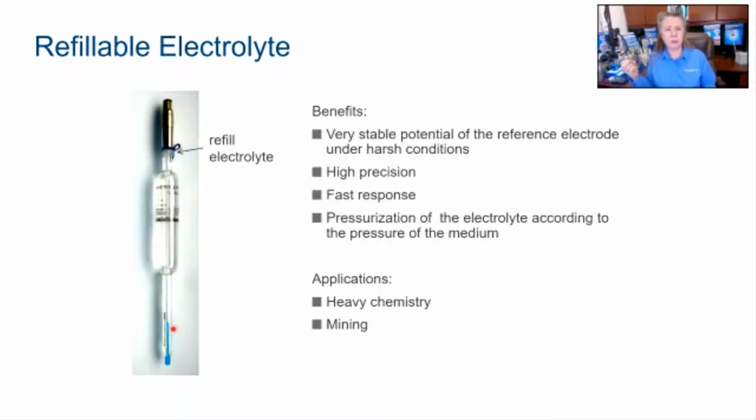It's really specifically used for heavy chemistry or mining. But the reason I show you it is because it clearly shows you a refill port and a simple probe, and probably 2/3 of the laboratory pH probes that you might use in your labs are refillable electrolyte probes. Now, at least some of the most commonly used ones.